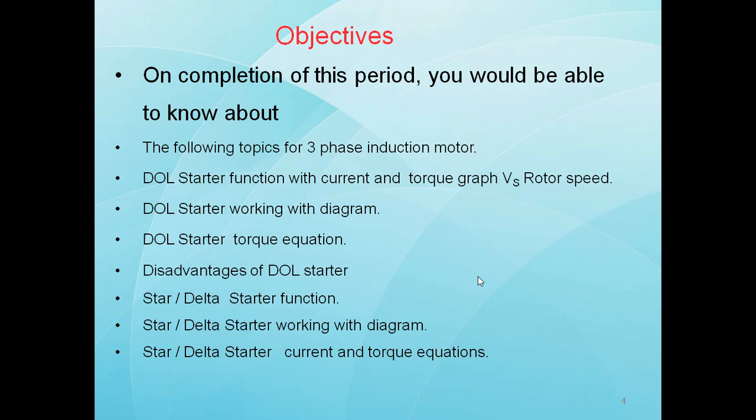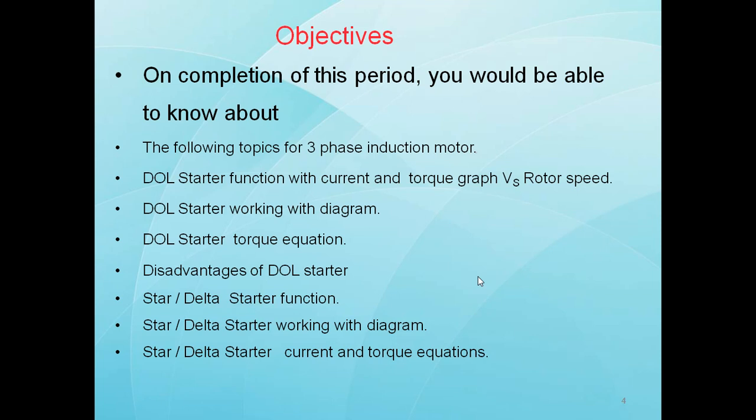It is therefore recommended that a large three-phase induction motor be started with a reduced voltage applied across the stator terminals at starting. Only at the time of starting we will apply a reduced voltage. So that is one way we can reduce the starting current.